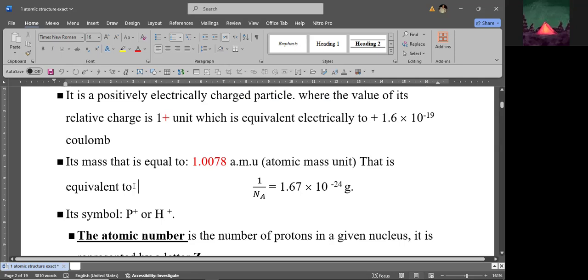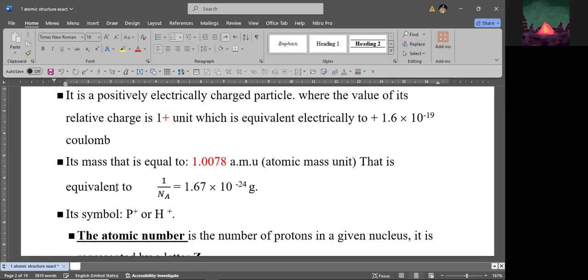What about the relation between a gram and an atomic mass unit?